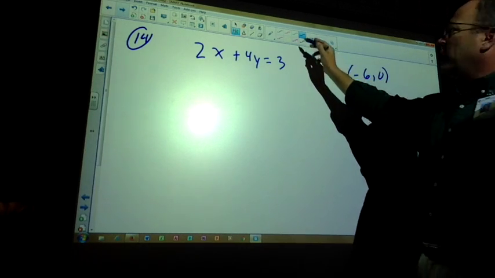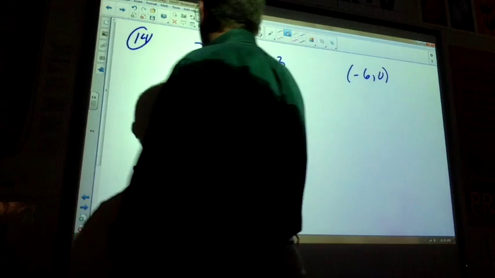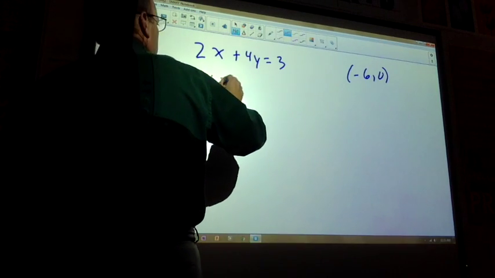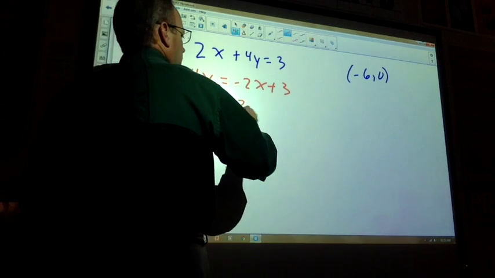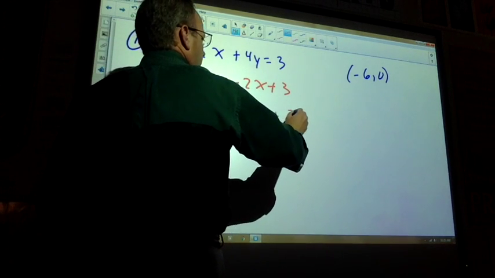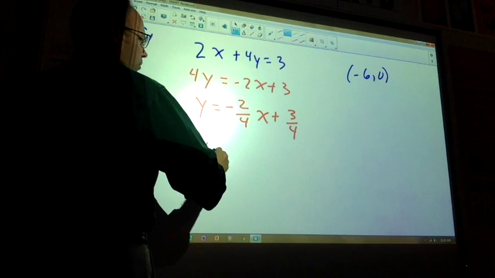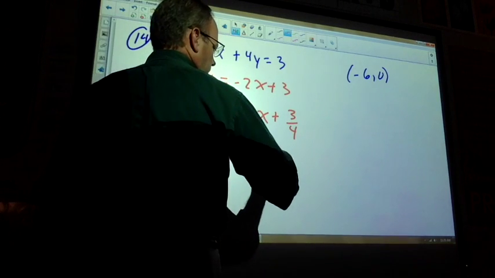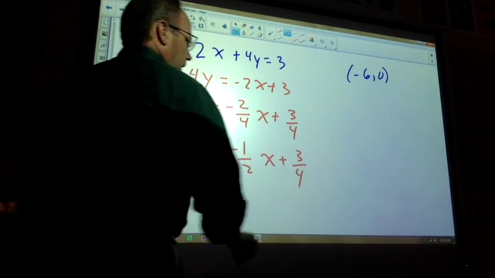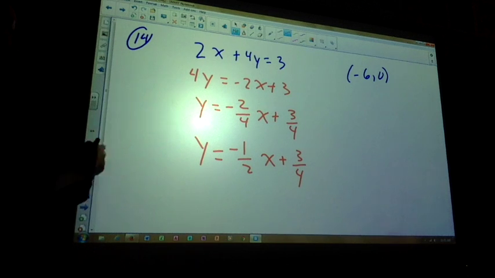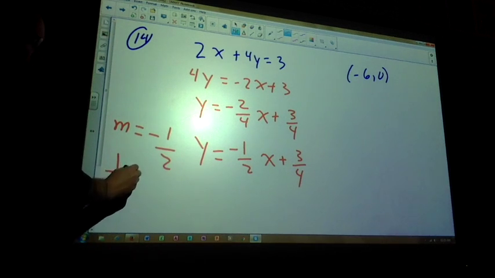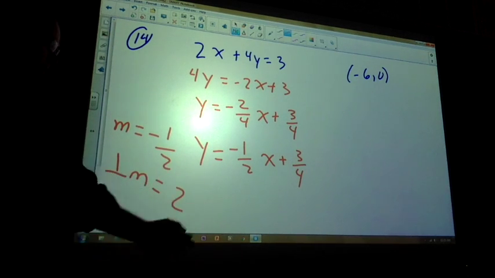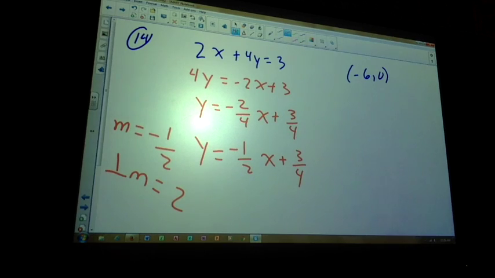All right, so I don't know what this slope is right now, so I'm going to put it in slope-intercept form, and just reduce where you need to. Okay, is that all right? So what is the slope of the red? Negative 1/2. So what does the perpendicular slope have to be? Positive 2, right? Flip it over, change the sign.